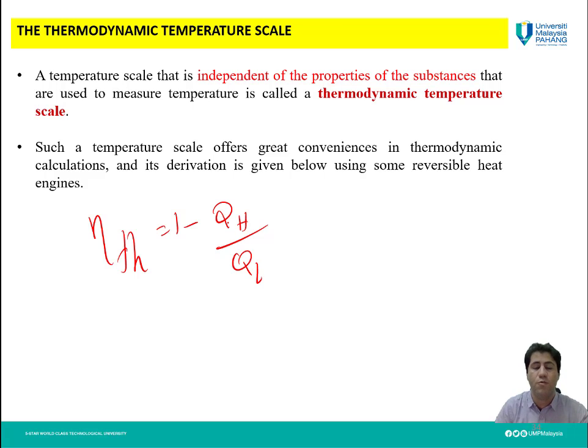Generally, QH is the amount of heat which is captured from the heat source, or heat reservoir, with higher temperature, and QL is the amount of thermal energy which is released to the sink.